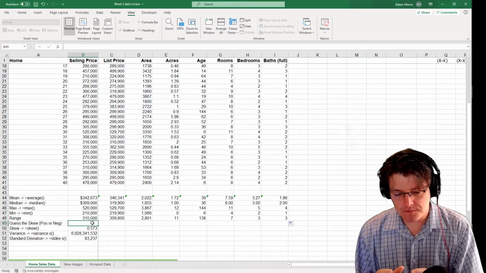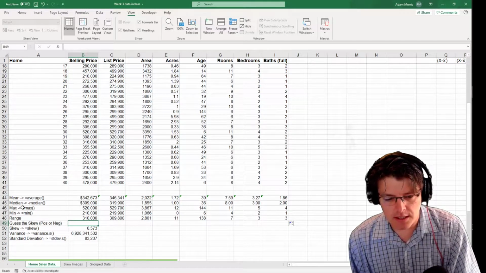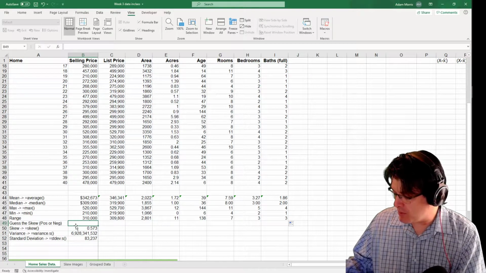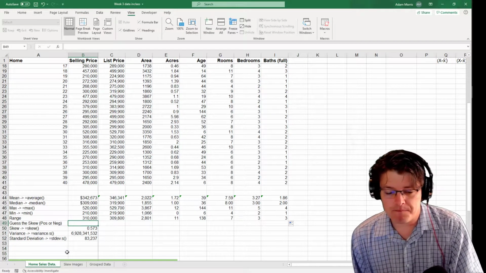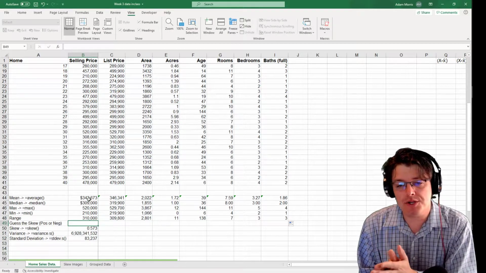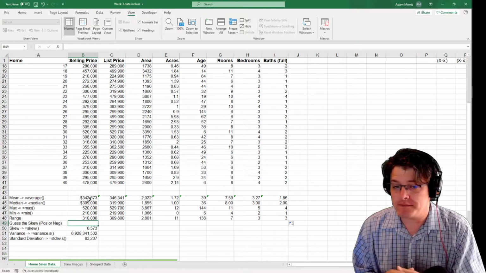Now I want to take a pause and focus on the mean and the median. In chapter 3, this is our first introduction to the idea of skew. Just from the mean and the median, we should be able to guess whether the skew is going to be positive or negative.